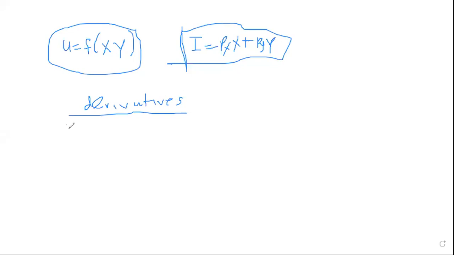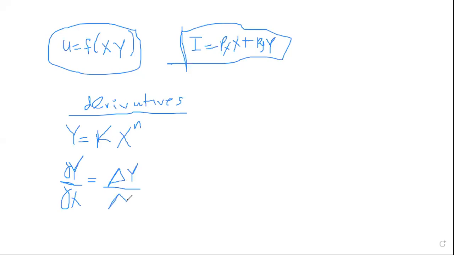If I have a function that says y is equal to kx to the power n, mathematically, the derivative of y with respect to x, which measures the change in y as a result of a unit change in x, is written as dy dx, which is the same as change in y over change in x.